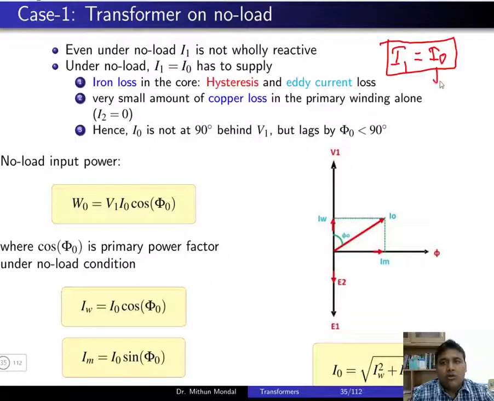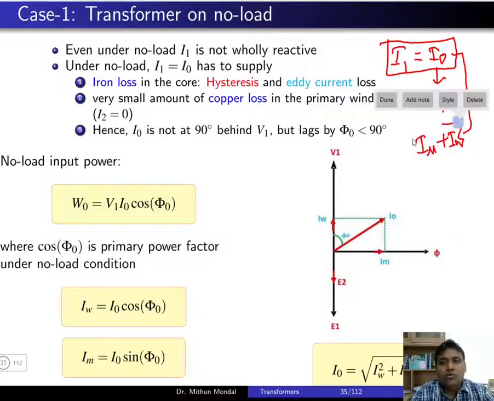Under the ideal condition, this I naught has only one component, I mu, which is used to produce the flux in the core. However, the current I naught has one more component, so I naught is I mu plus IW. This IW is used to include the losses in the transformer core due to hysteresis and eddy current.